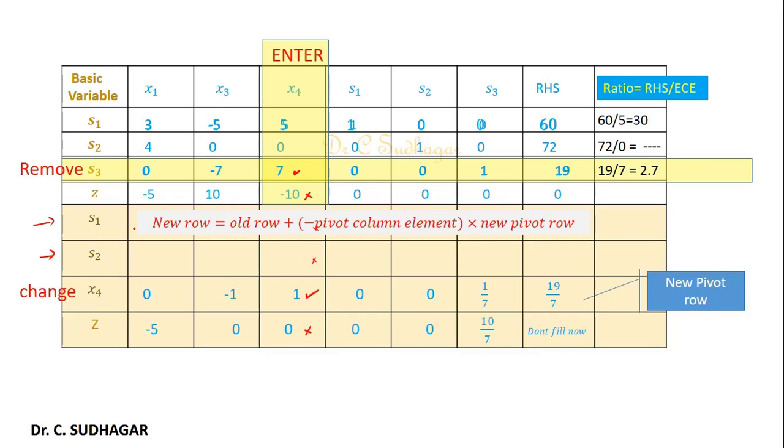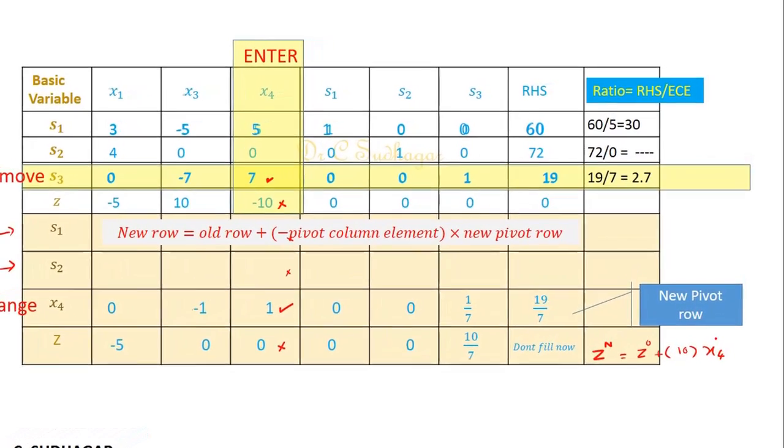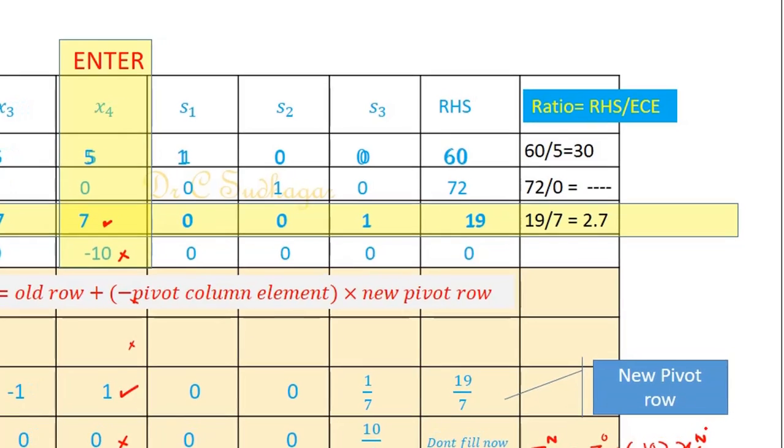Now let us calculate S1. What is the old row for S1? This is the old row for S1, so I am writing this. What is the rule we have used here? The new Z is equal to the old Z plus 10 into the new pivot row, x4 new.